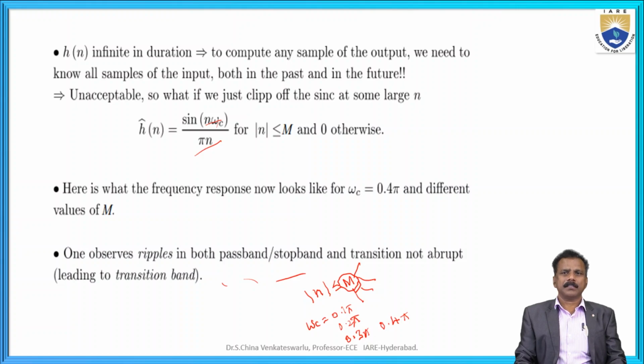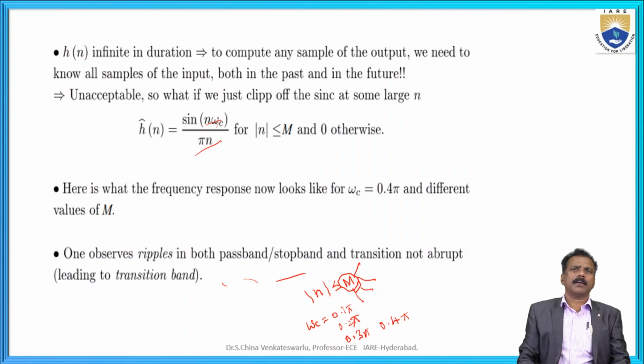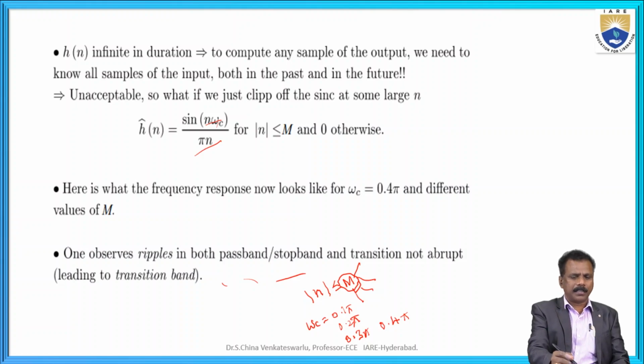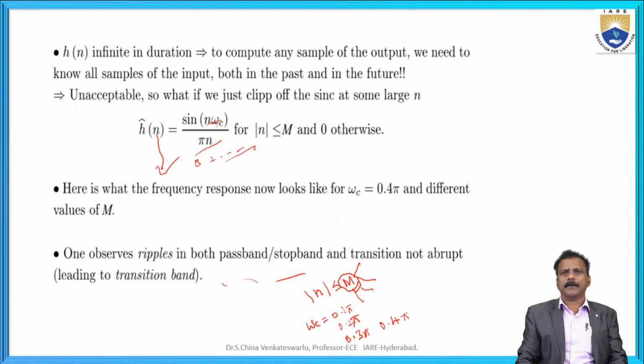Like this, we analyze designing our FIR filter with the ideal case. h of n is infinite in duration and sometimes unacceptable. So we just clip off the sinc at some large n value, and that n value can go on increasing, initially from 0 to a maximum value: 0, 1, 2, 3 and so on.